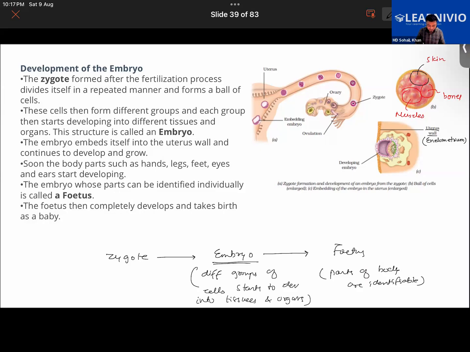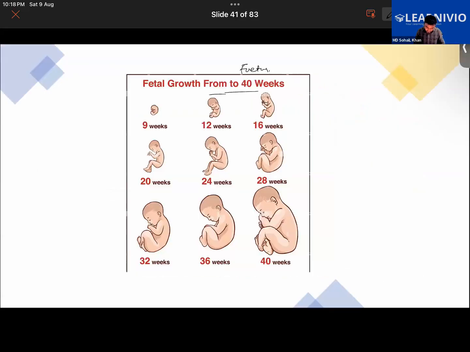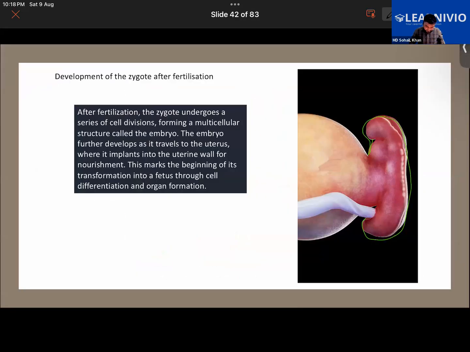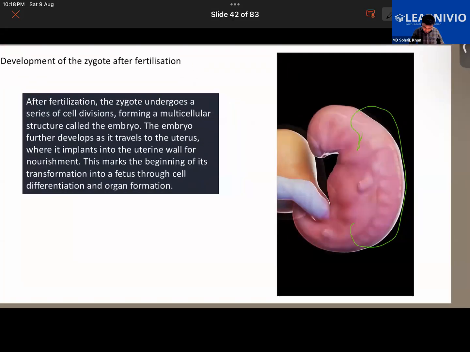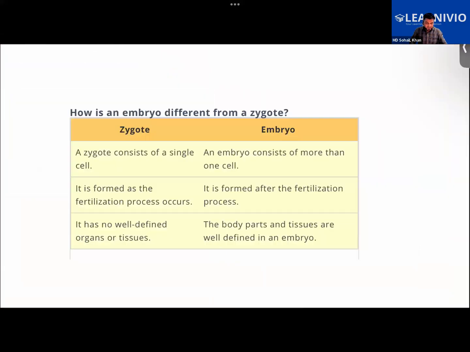Are the parts of the body identifiable at the embryonic stage? Obviously, no. And the zygote is basically a unicellular structure formed right after fertilization. So here's the difference between the zygote and the embryo.